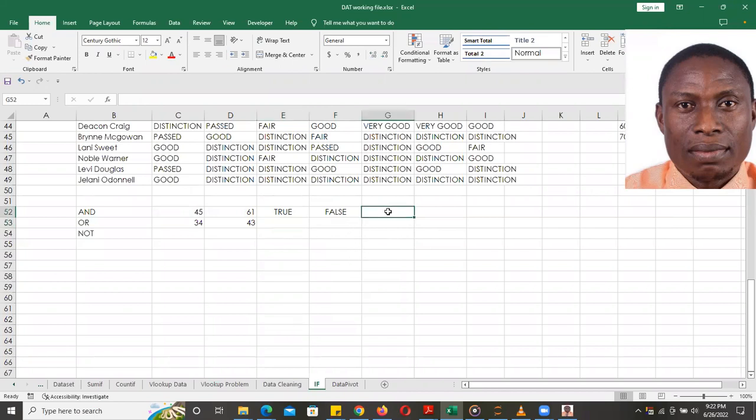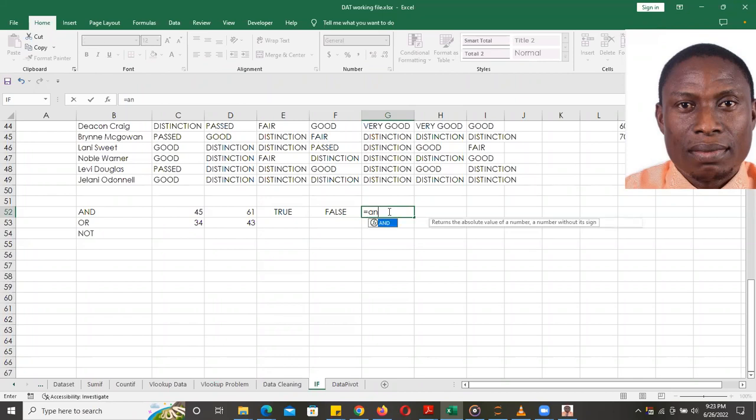Okay, now we want to combine the two of them together. In this context, like in statistics, AND is like multiplication and OR is like addition.